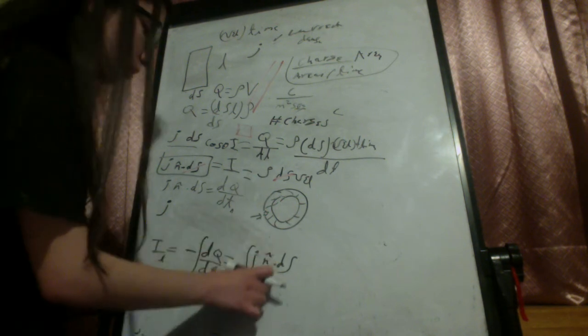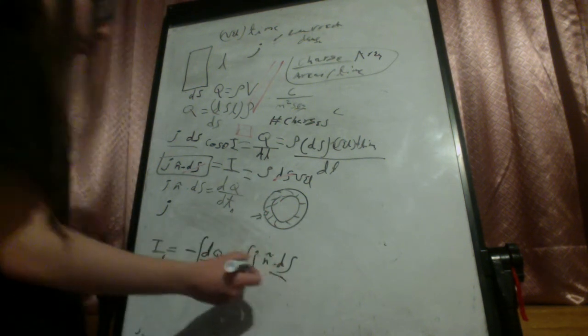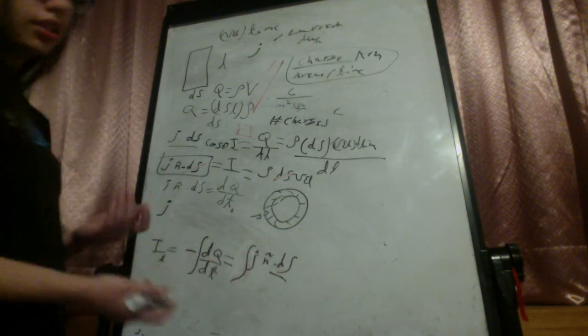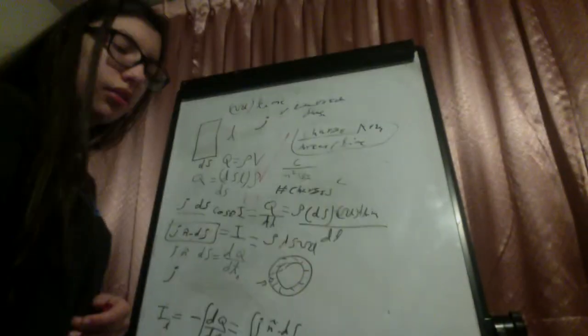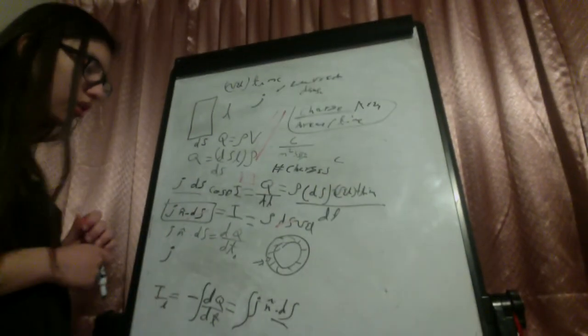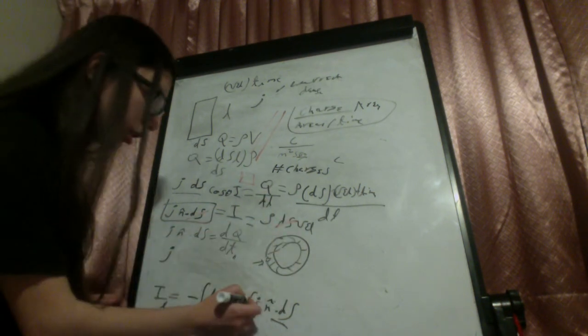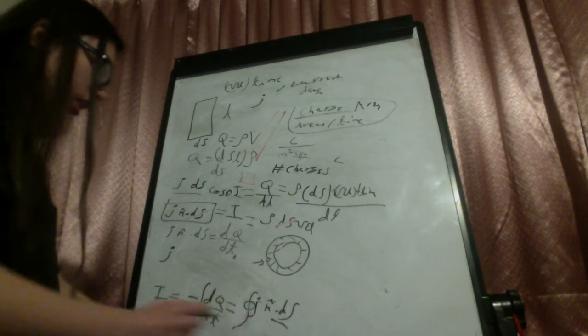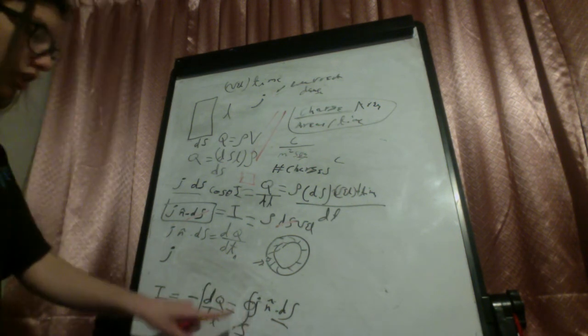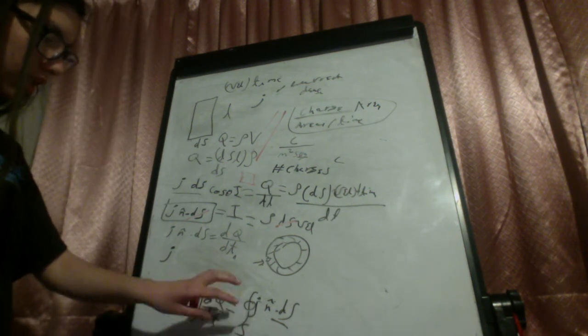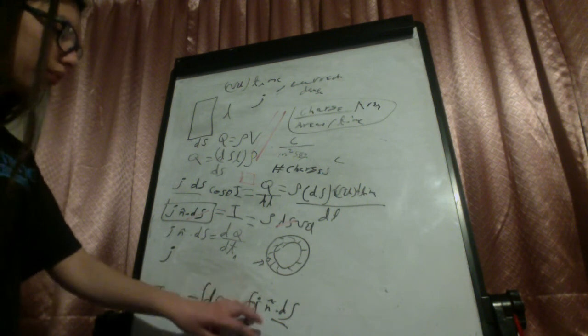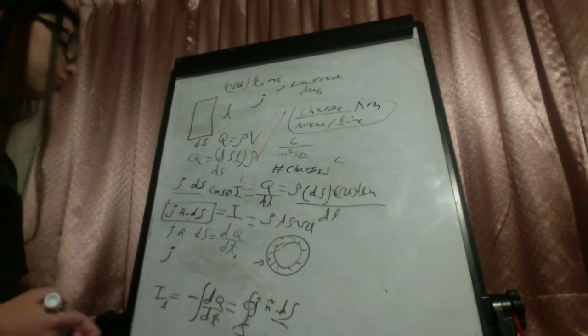It doesn't matter, because because we're putting dS, that means it is the integration with respect to the surface. And because we're talking about a closed surface, we write it like this. So this is a closed surface integral of the J vector.